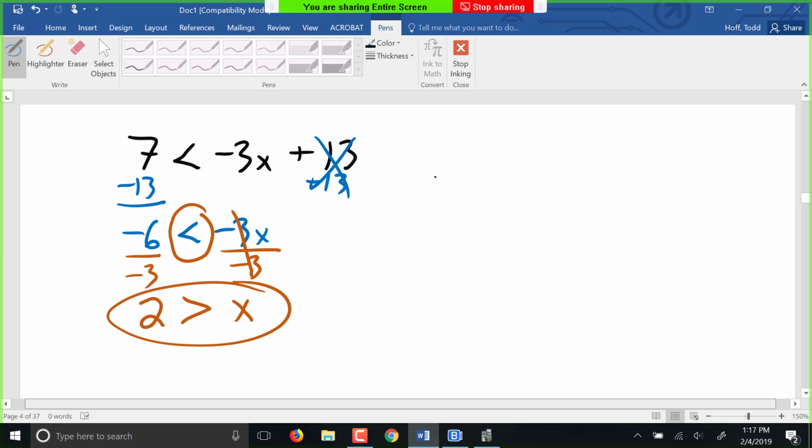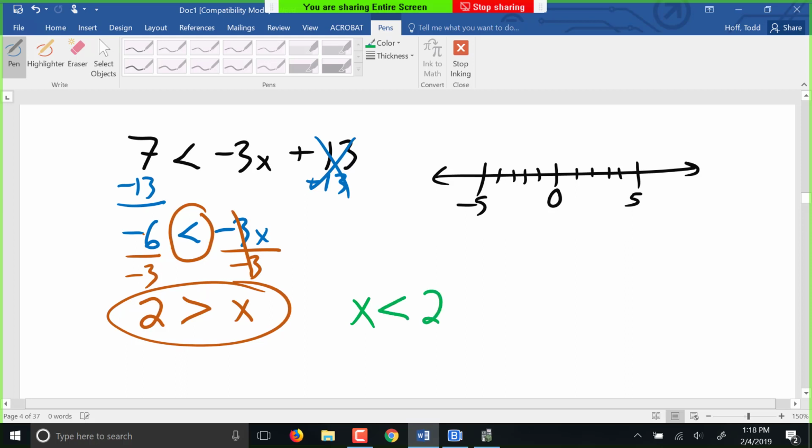Now we can't graph it like that. We need the variable first. So this is going to become x. What's the symbol going to be? Is less than 2. Notice it still points at the x. So where's our boundary going to be?